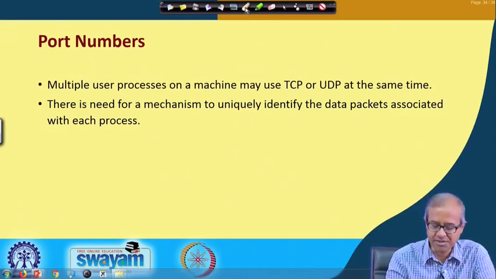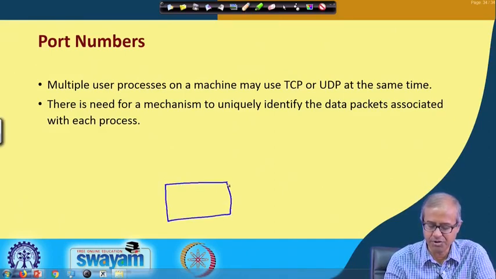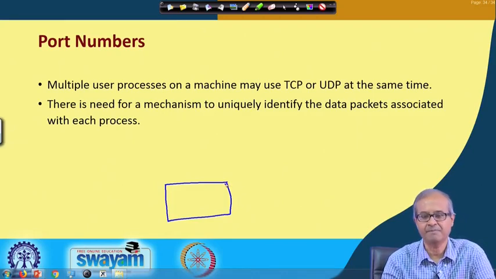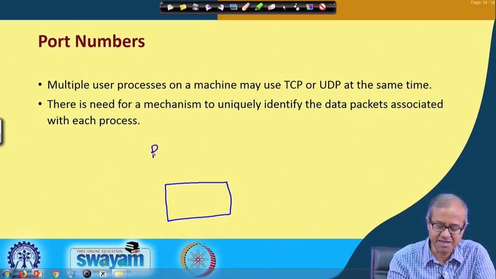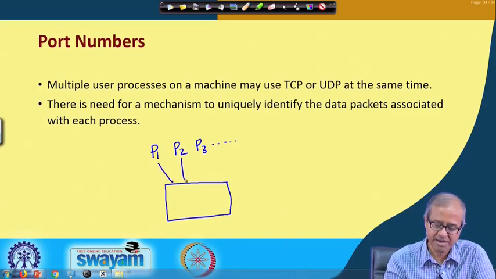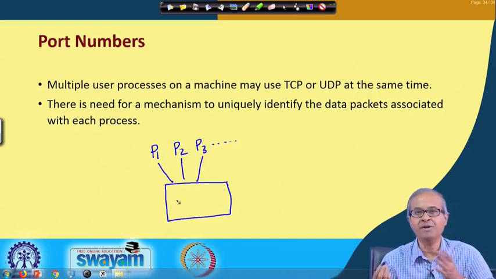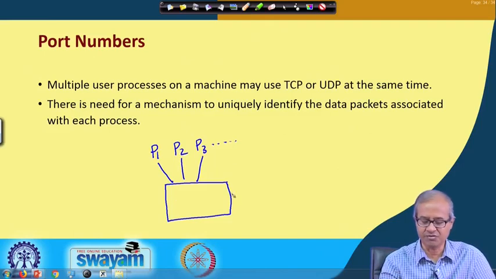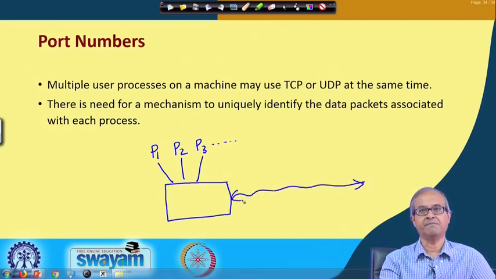Now, you see, you think of a particular computer on the internet. There can be several user programs running, P1, P2, P3, many user programs are running on this computer, and they may all be trying to communicate some data over the network, sending and receiving some data.